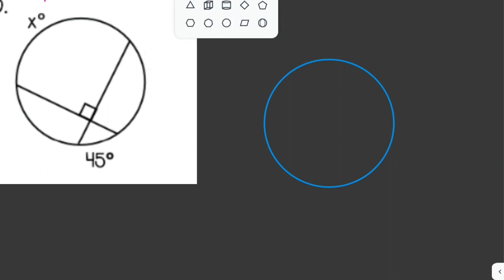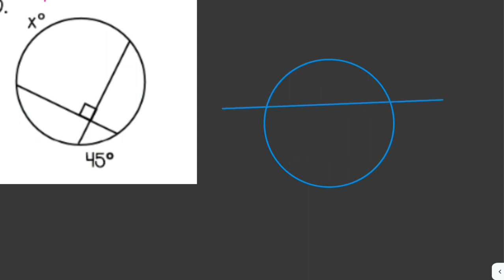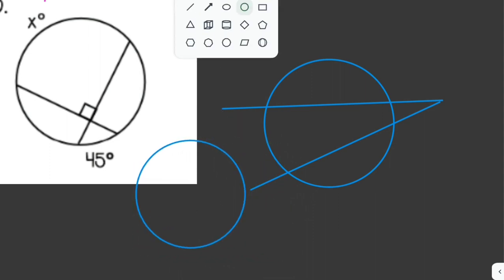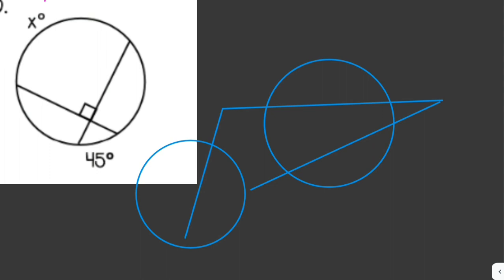So our secant could be this one, that one, this one, this one, and this one. It could be a ray, a line, or a segment.